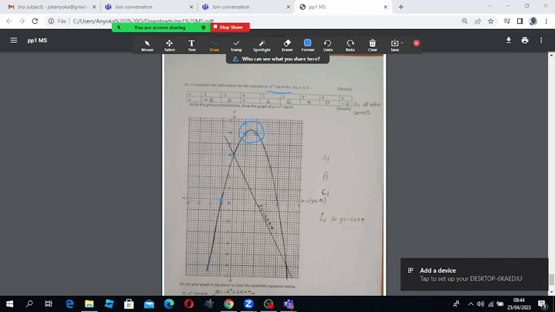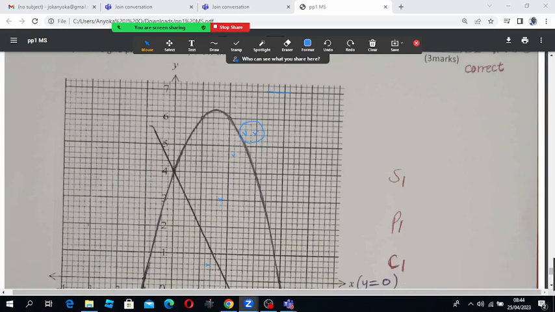When the 2 points are actually at the same level, we have plotted 1,6 and 2,6, and then you are drawing it. Make sure that you consider this one appropriately. The turning point must be smooth. Kuna wenye wanakuja wanaanza fika hapa wanasema tu hivi, then it proceeds. This one is wrong.